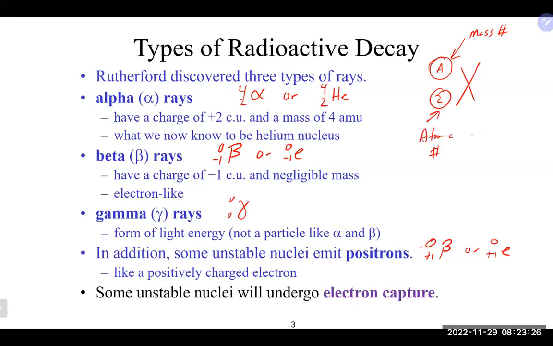The atomic number is the number of protons. The mass number is the number of protons and neutrons. So those numbers are really important in nuclear chemistry, especially when we talk about balancing equations. We use those numbers a lot in our symbols as well.